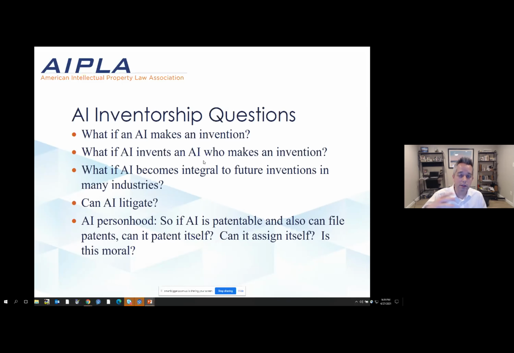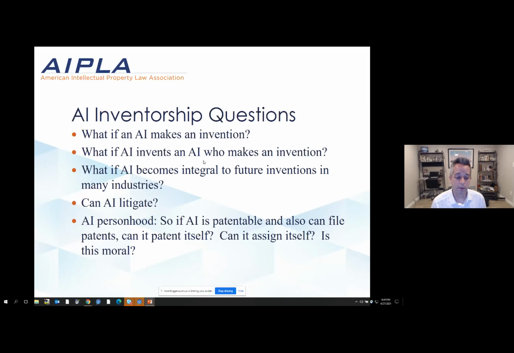Sort of a Russian doll situation on inventorship. I think it's probably not difficult to imagine that there's some future where AI becomes really important in all kinds of industries in making their inventions, where the AI is an inventor or at least co-inventor.